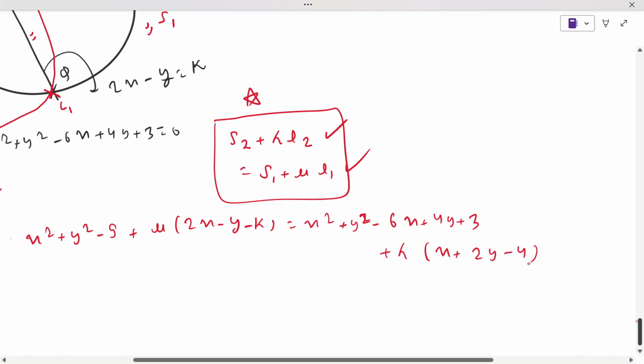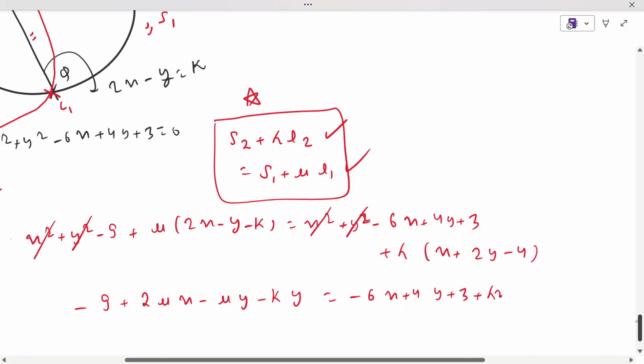Now just compare the equations. So x square plus y square terms cancel. Left with minus 9 plus 2 mu x minus mu y minus ky, that should be equal to minus 6x plus 4y plus 3 plus lambda x plus 2 lambda y minus 4.